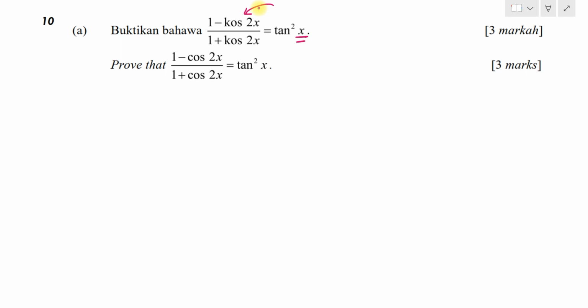So what do we want to use? 3 marks. Maybe we change the cos 2x, because cos 2x has 3 expressions. Cos 2x is sine square minus cos square. Sorry.